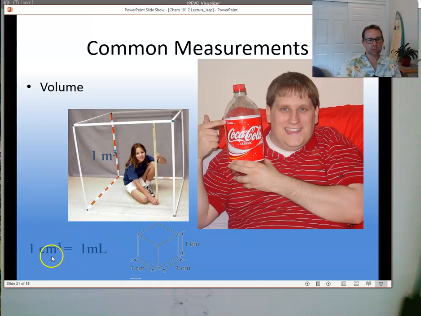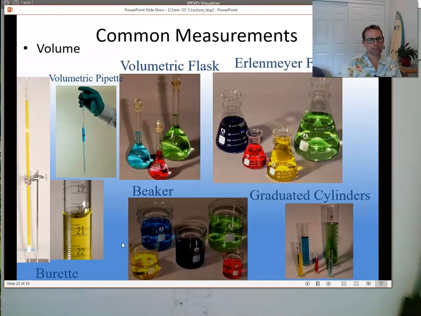So centimeters are a length, but if you cube it, you get a volume, and that is equal to 1 milliliter. So a milliliter is defined as 1 centimeter by 1 centimeter by 1 centimeter. That's an important one that we'll come back to again later.